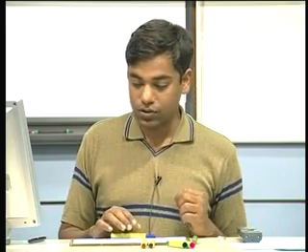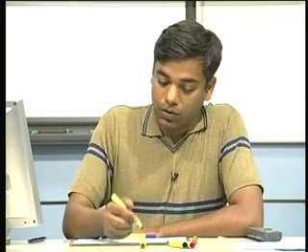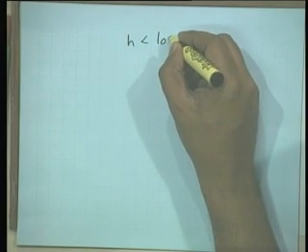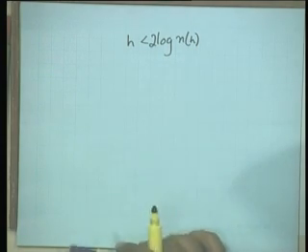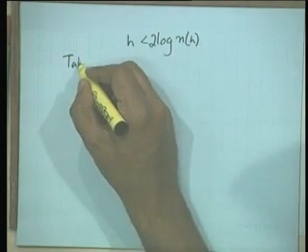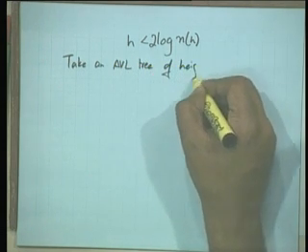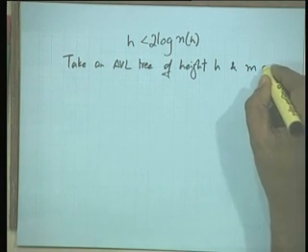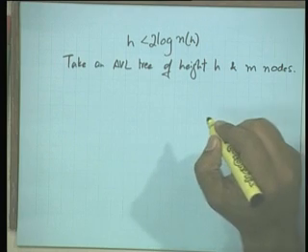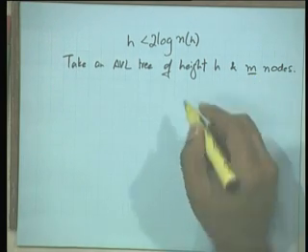Okay, if you are getting confused, let me just clarify this. What we argued here was that h is less than 2 times log of n of h. Now take an AVL tree of height h and let me call it m nodes. So its height is h, it has m nodes in it. What does this imply?